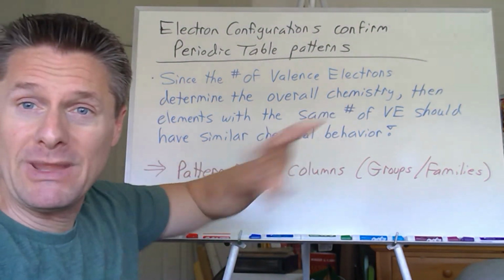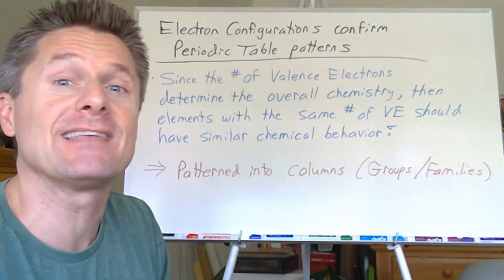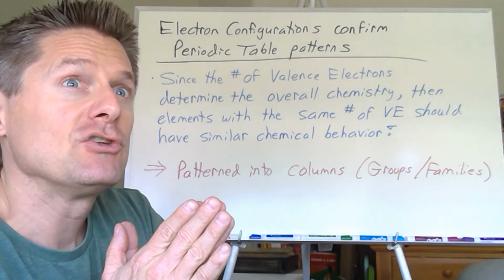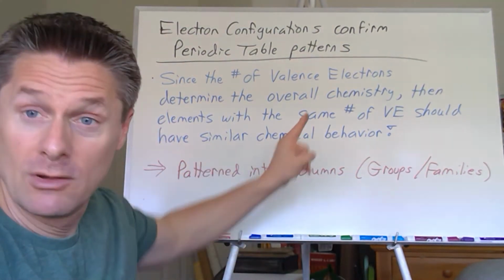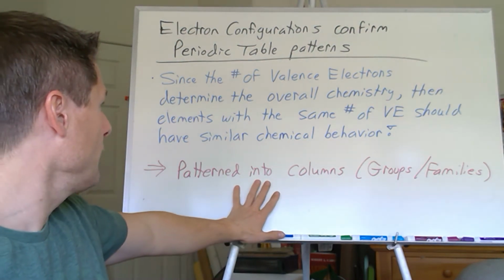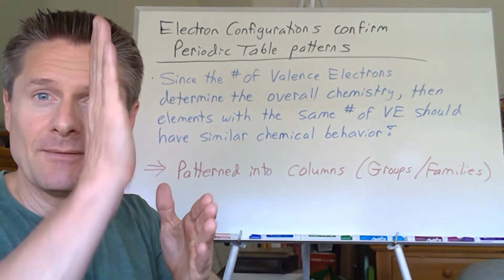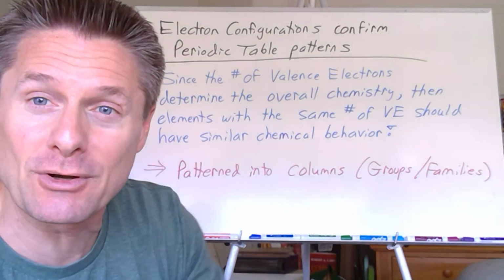So wouldn't it be consistent to say any elements that have the same number of valence electrons should have identical or nearly identical chemical behavior? Would that be a logical statement? Which means if we pattern them into columns with similar number of valence electrons, they would be patterned in similar chemistry.